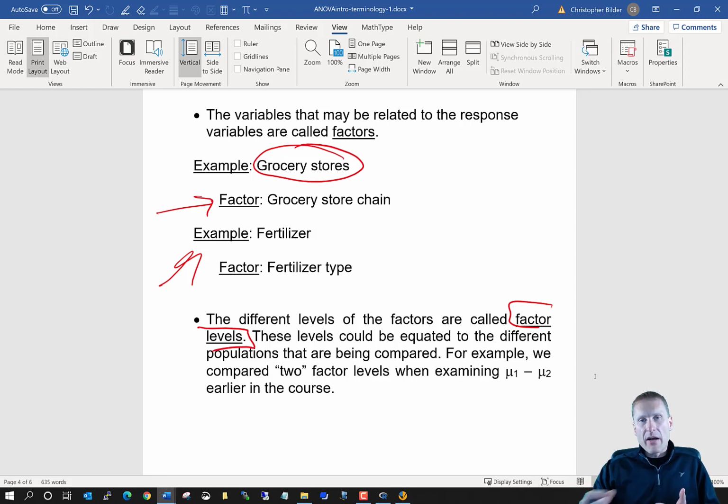So it's the different possibilities of that corresponding factor. These levels can be equated to different populations when being compared. For example, for two factor levels we might be interested in comparing the mean for factor level 1 to the mean for factor level 2 by simply subtracting the two. So again, the factor levels are particular parts of that factor.